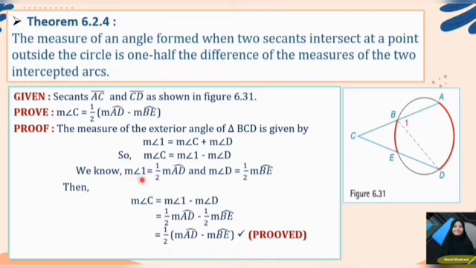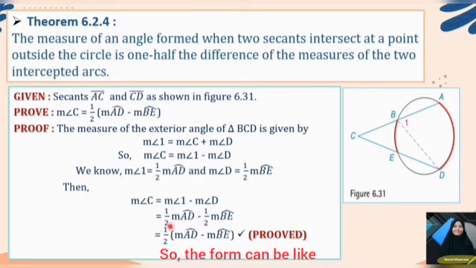Then the measure of angle 1 equals 1/2 the measure of arc AD, and the measure of angle D equals 1/2 the measure of arc BE. So the measure of angle C equals 1/2 the measure of arc AD minus 1/2 the measure of arc BE.